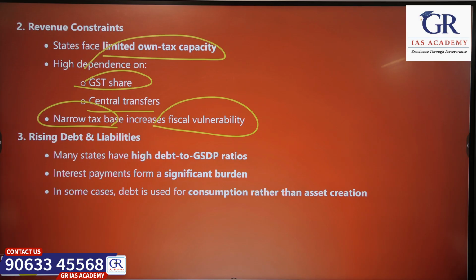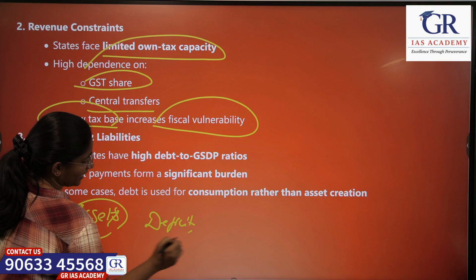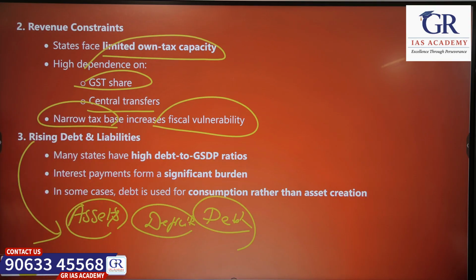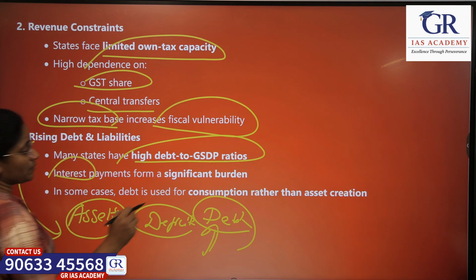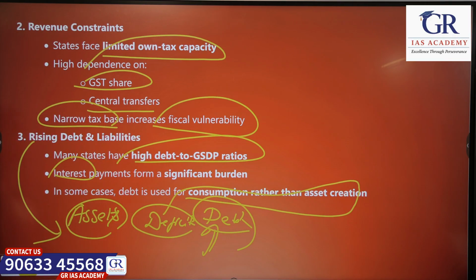And since they are creating high assets, yet they are having a deficit, right? Because of the deficit and debts, there are high debt to GSDP ratios, and because of the debts they are having huge interest payments, and sometimes they are using this debt for consumption rather than for asset creation.